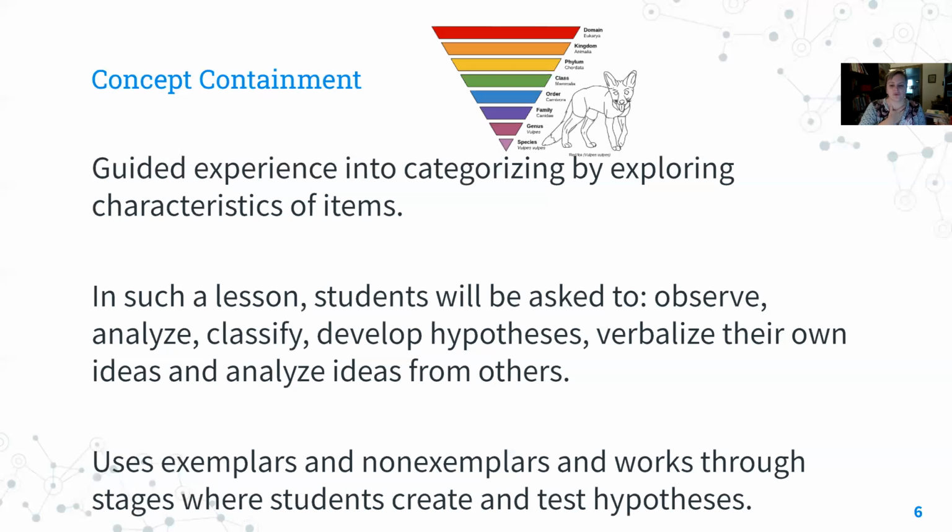In such a lesson, students will be asked to observe, analyze, classify, develop hypotheses, verbalize their ideas, and analyze other ideas. So these are the kinds of classes where maybe you give students word sorts or vocabulary sorts, and they start to put them into different categories, and then they maybe look at some subcategories, or they think about how these different categories can be, hold on.